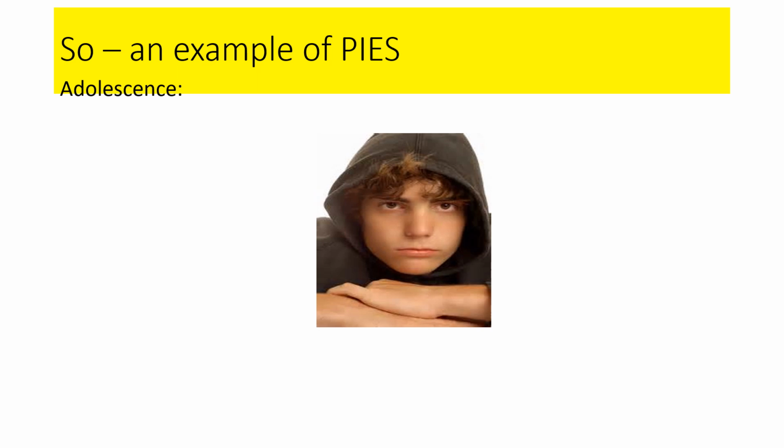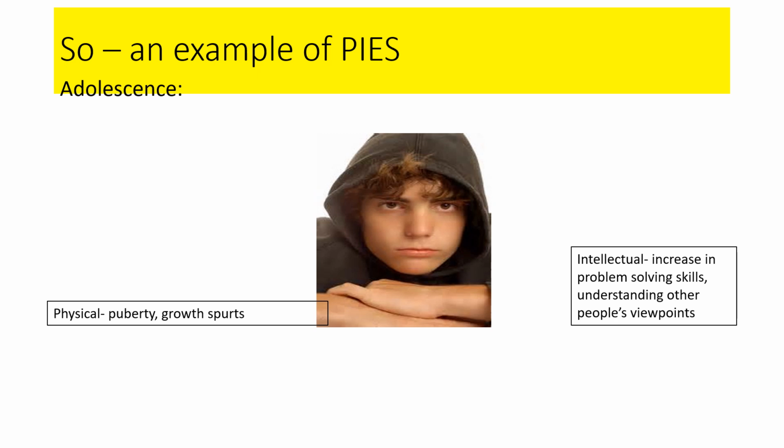So if we look at how PIES work, or an example of PIES, if we look at adolescence, this is one example. You can probably think of other things to add to this. So physically, hormonal changes, puberty and growth spurts. Intellectual, there's an increase in problem solving skills and understanding other people's viewpoints.